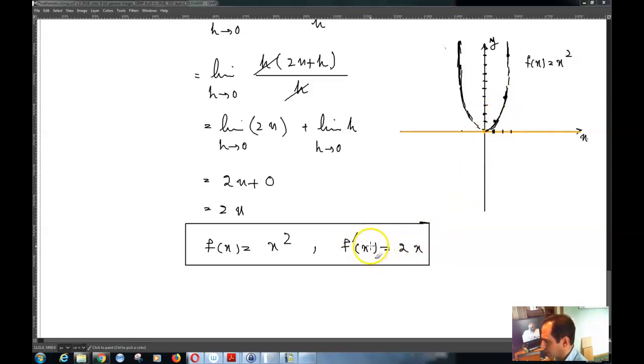So that means that at x is equal to 1, the slope of the function is equal to 2.